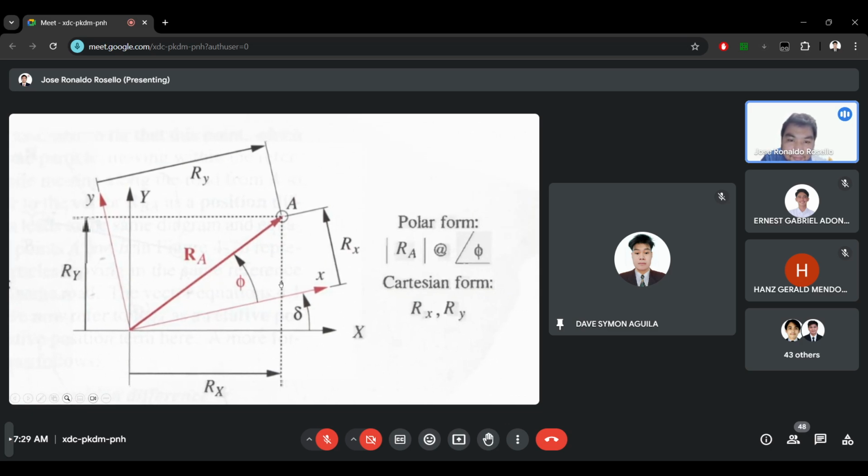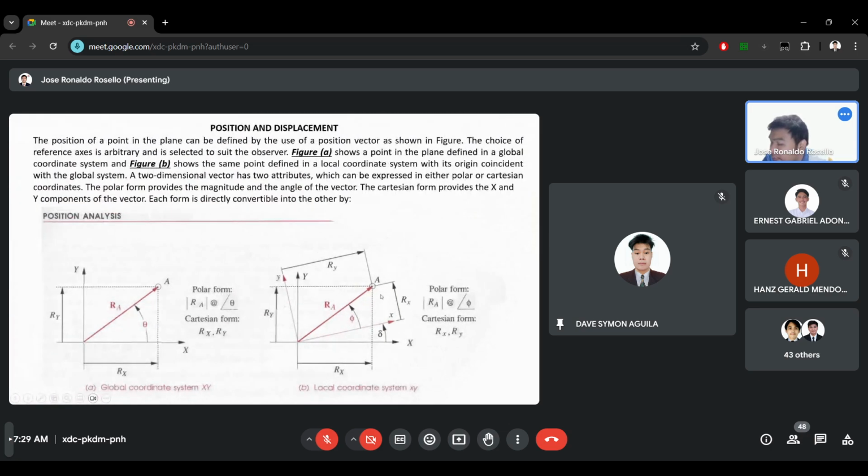So for this example, we will use the red x and y axis as a reference instead of the global coordinate system, the x and y axis that are color black. It will also have its own coordinates and its own angle of inclination with respect to the x-axis. And that's the position analysis using reference with the coordinate system.